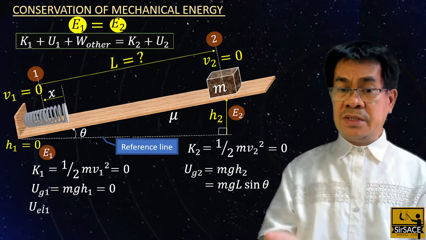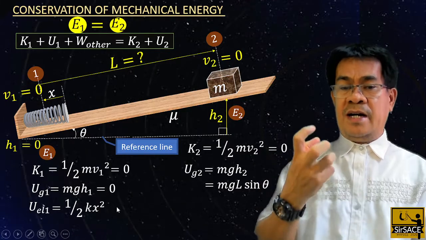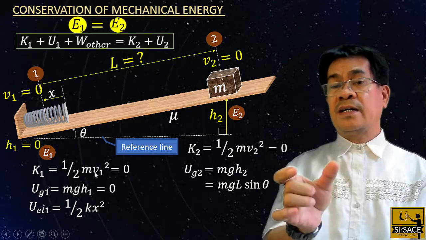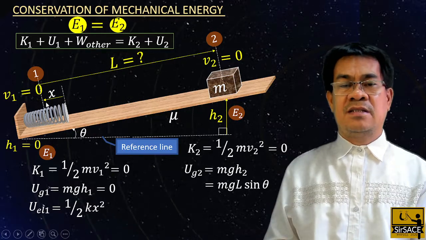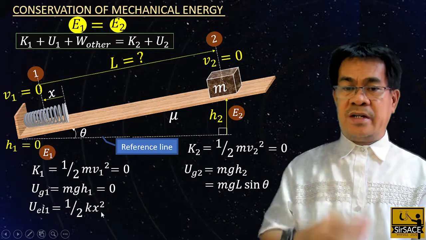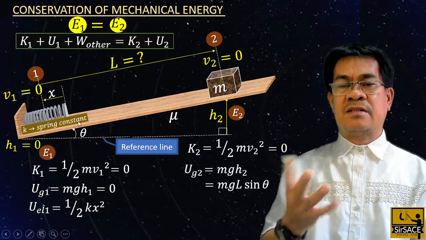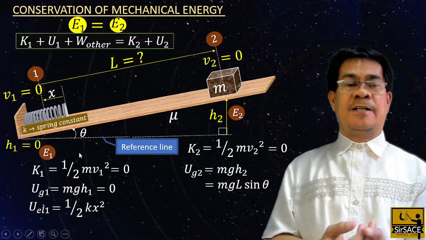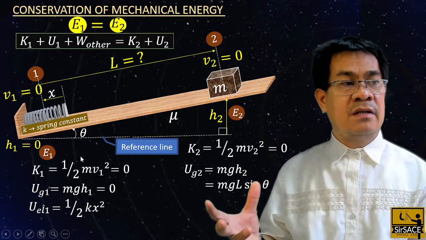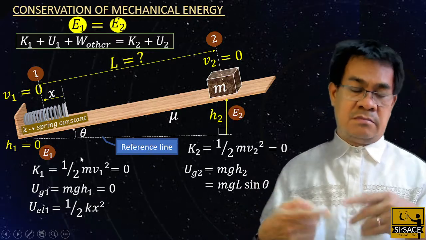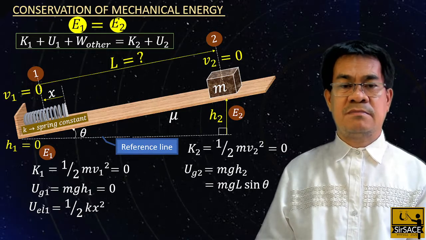Meaning, the spring constant multiplied by 1/2 and multiplied by the square of the compressed length, or maybe it is a stretched length. Then square it. So therefore, we must have the spring constant k. Now, by the way, the spring constant is a property of the spring, meaning different materials of spring, different configuration, have different spring constant.